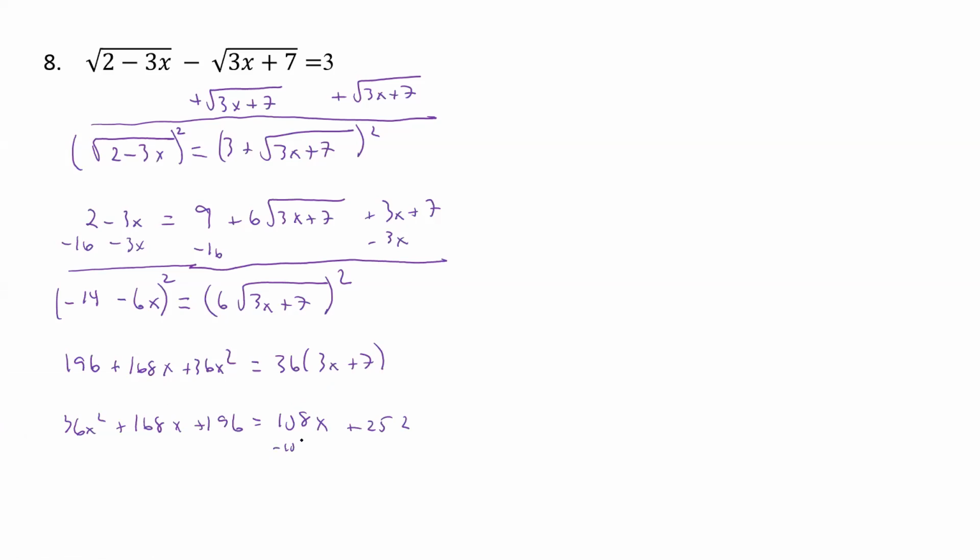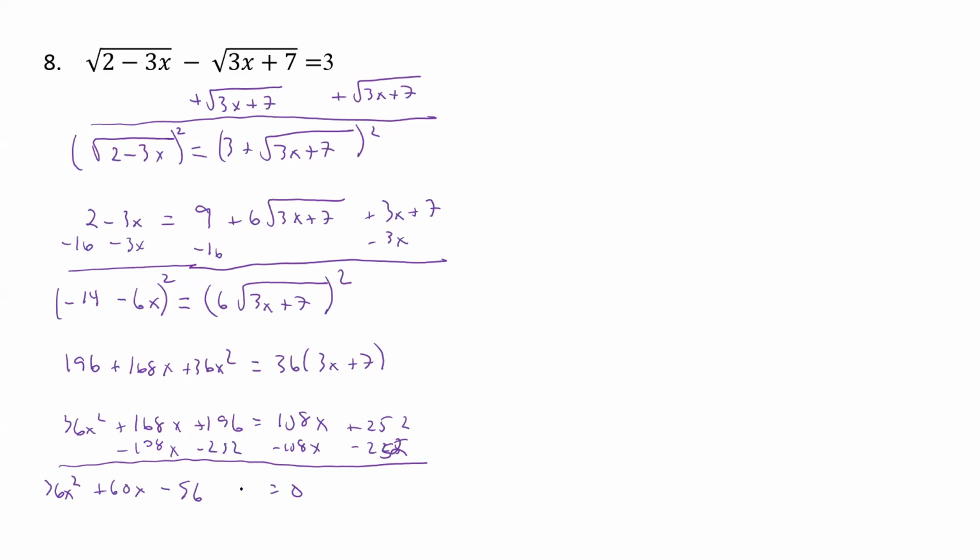So subtract 108x, subtract 108x, subtract 252. So everything on the right's gone, and then we have 36x squared, and then it looks like we have plus 60x still, because the 1s and 8s cancel, we have 6. And then 252, that looks like it's going to be a minus, and then that's going to be a 56, I believe.